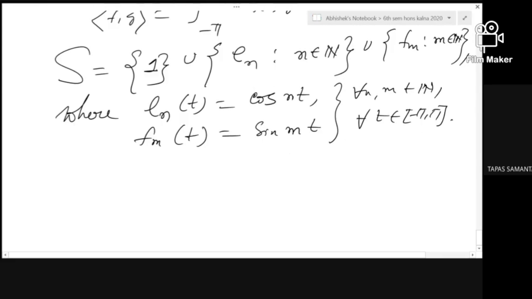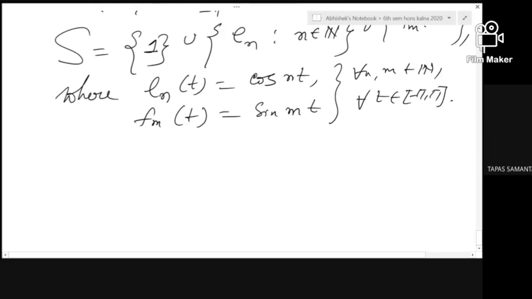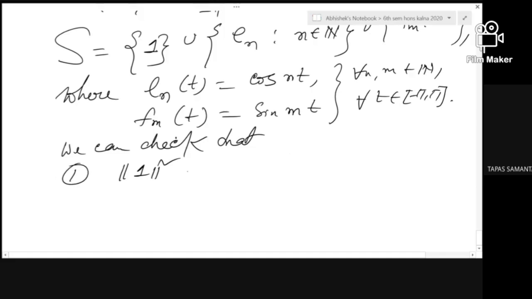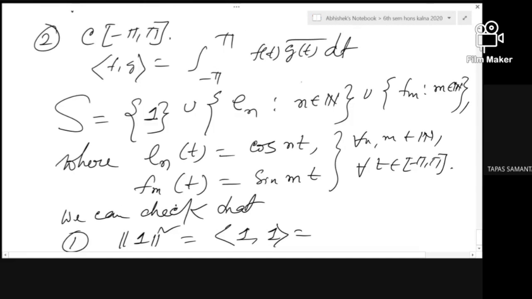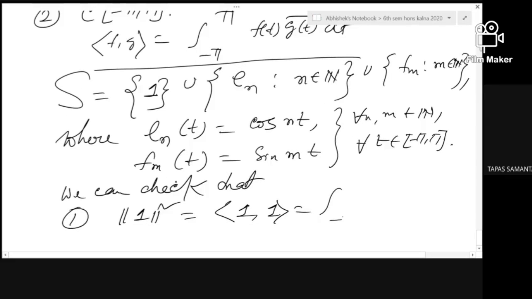Now we can check that. Number one, norm 1 square. What is norm 1 square? That is inner product 1 comma 1. Now, what is the inner product? That is integration minus pi to pi 1 1 dt.